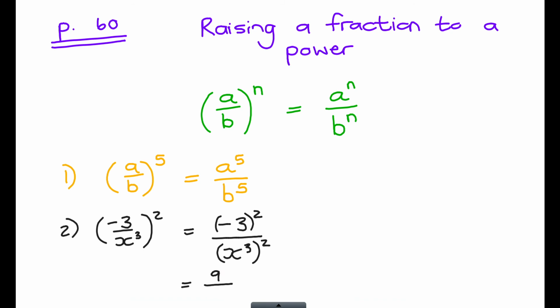Then at the bottom, I've got x to the power 3 to the power of 2. When we have a power to the power, we have to multiply them. So that will be x to the power of 3 times 2, which will give me 6. Do you guys all understand that one? Okay, let's do another one.